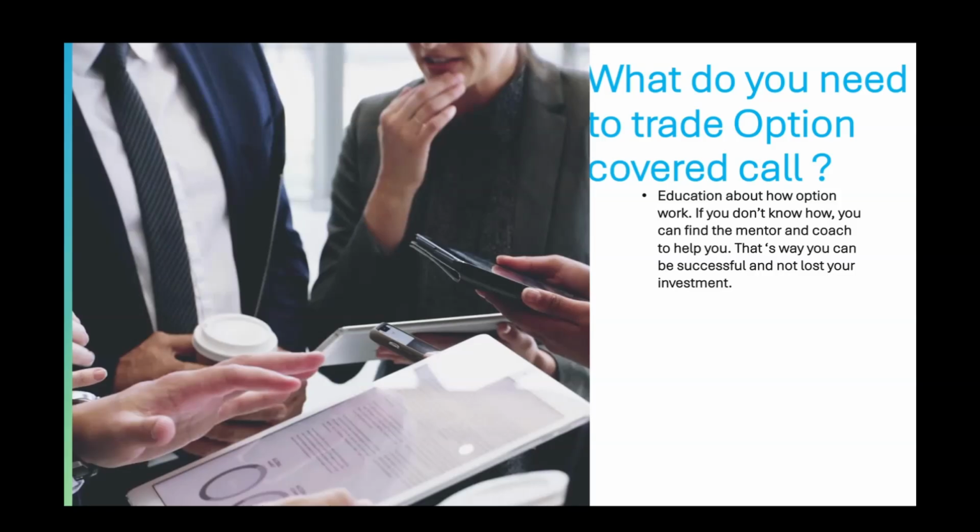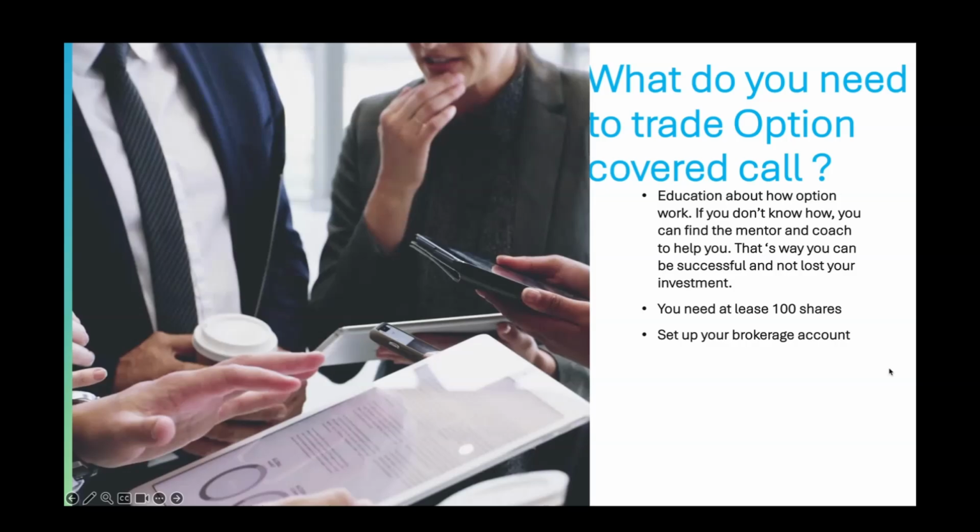That's where you can be successful and not lose your investment. You need at least 100 shares of the stock. So you want to pick the right stock to do the option on. Not all stocks give you a good premium. Again, I talk about this in my book and my coaching sessions.